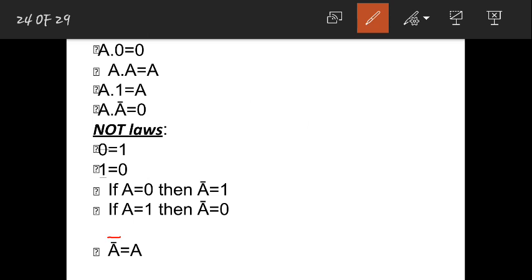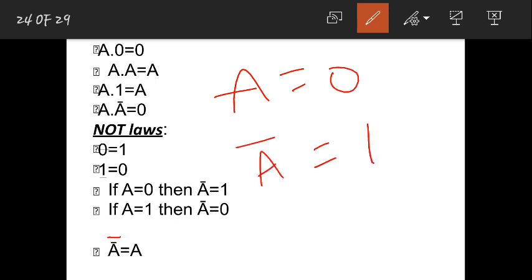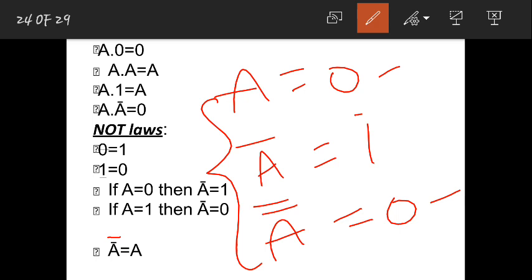So, A double bar is equal to A, because see, consider A is equal to 0. In this case A bar will be equal to 1. A double bar will be equal to, see, already A bar was equal to 1. For this I am applying a bar again, so you will get 0. So, see, this and this are equal, that means A and A double bar are equal.